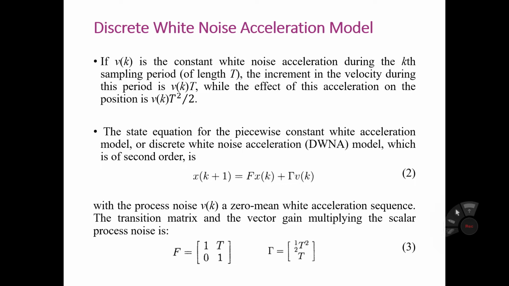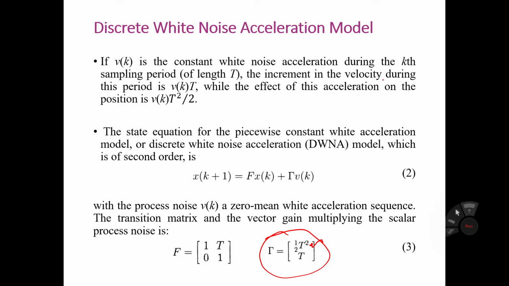Here we are trying to define the gamma, the gain, which is multiplied with the v of k. V of k is the constant white noise acceleration during the kth sampling period.